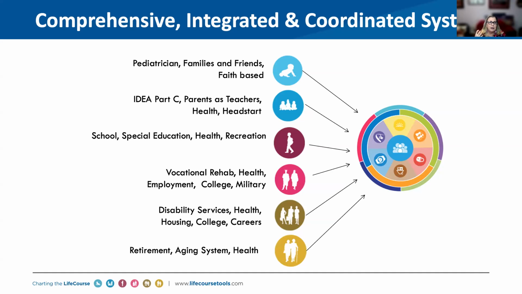And so thinking about educational systems and early childhood systems and things like voc rehab and things that happen after school, like employment, college, the military, all different types of services and supports, and retirement, aging, health. How do all of those things work together so that they're integrated and comprehensive and coordinated?